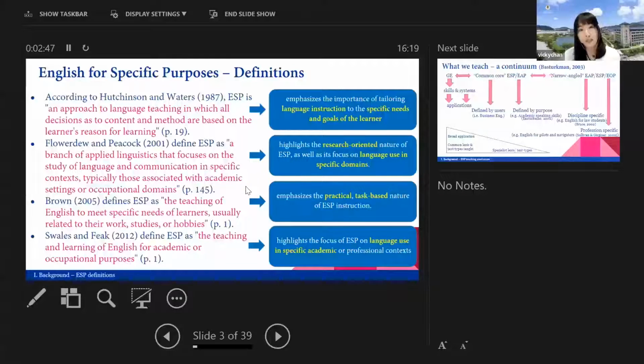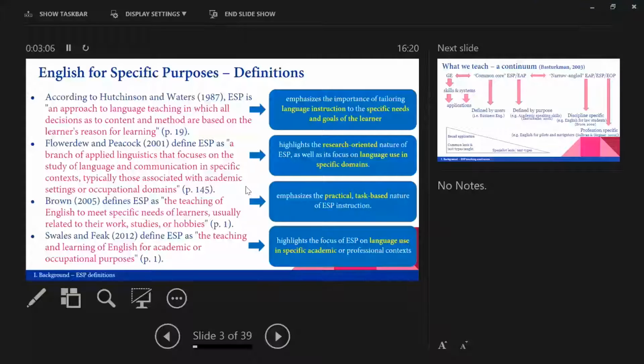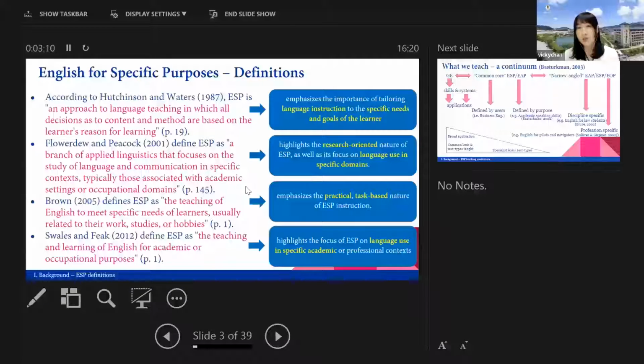And then the third definition focuses more on the practical and task-based nature of ESP instruction. Here, the definition says, the teaching of English to meet specific needs of learners, usually related to their work, studies, or even their hobbies. And in the end, this definition highlights the focus of ESP on language used in a specific domain or professional context.